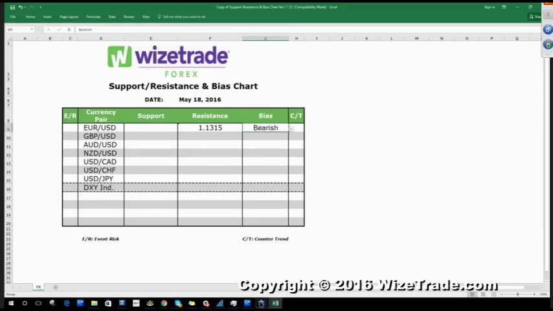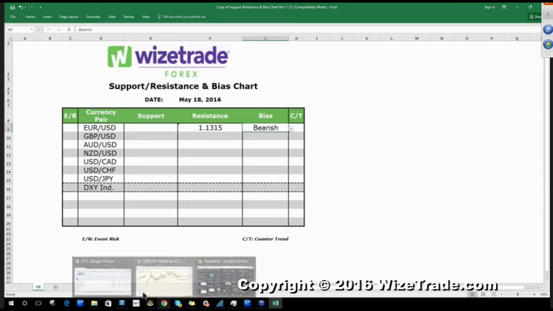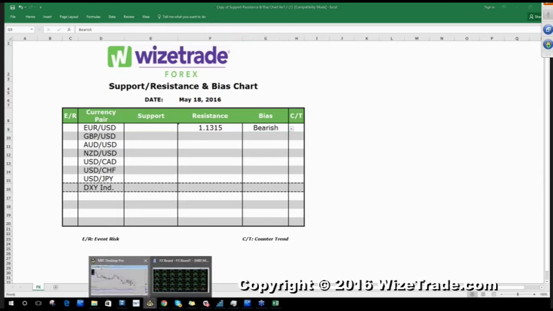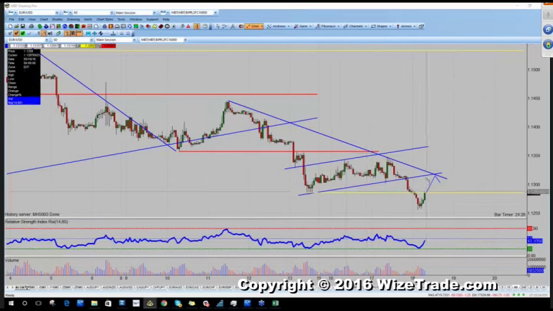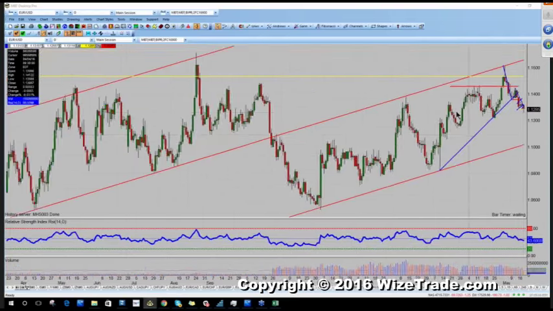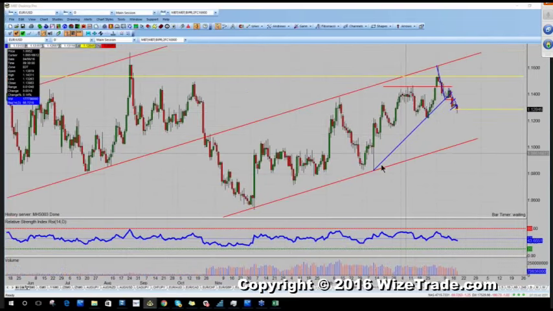Let's go see where support is. So now that we're breaking lower, the question is how far are we going to go down here? You guys know I'm targeting 112 in this move that we're currently in.